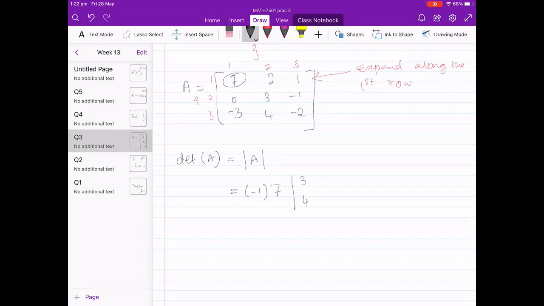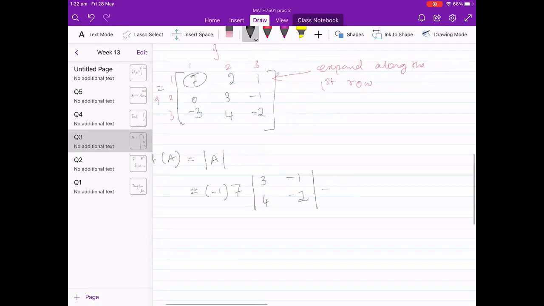What's remaining is minus 1, minus 2, and plus minus 1 this time.